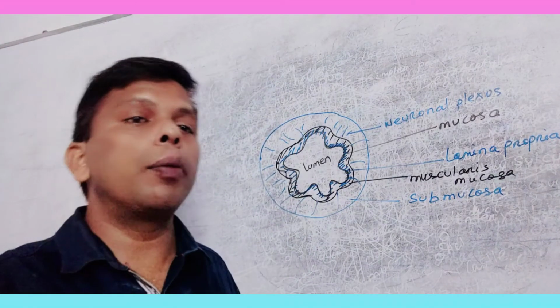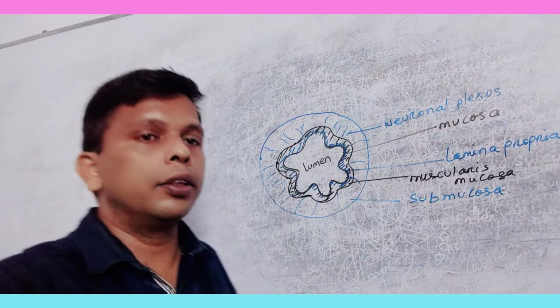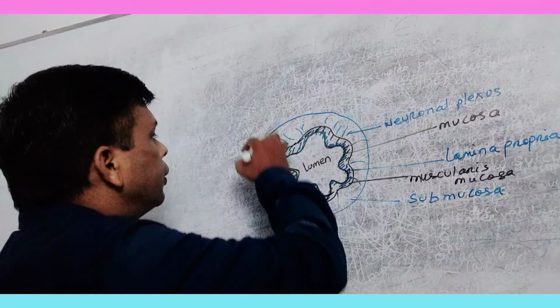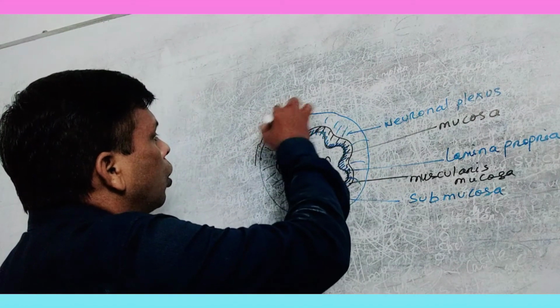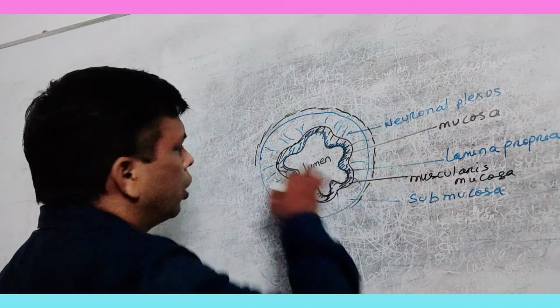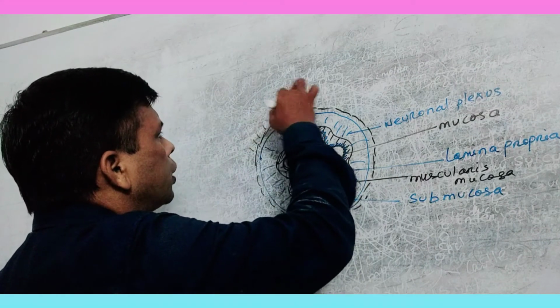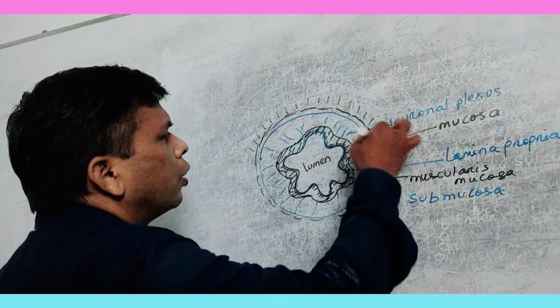Above the submucosa there is the muscularis propria. The inner muscle is circular muscle, and the outer muscle is longitudinal.